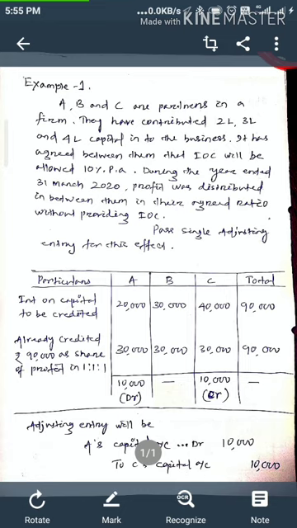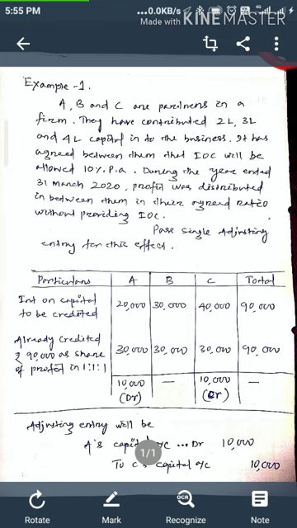They have omitted interest on capital. So I will write here: interest on capital to be credited 20,000, 30,000, 40,000, in total 90,000.